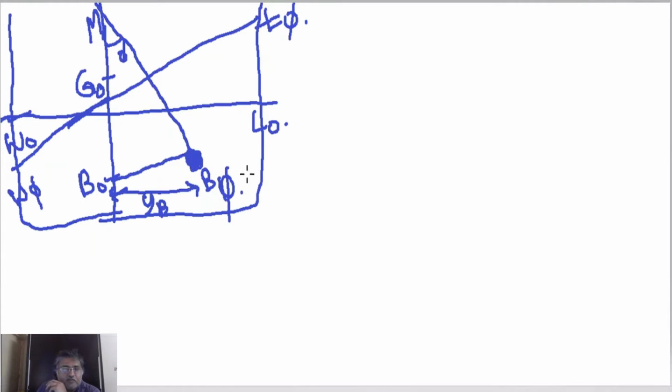So now what we can see is that this is B0M, okay, this is B0M into phi. Phi is this angle, and therefore B0M into phi will give you this arc of a circle. This B0 has gone like an arc up to B phi.